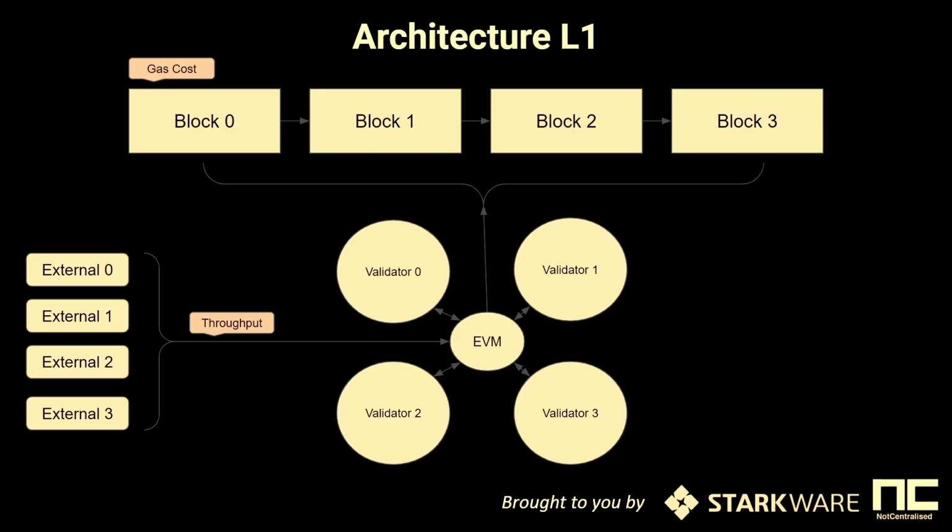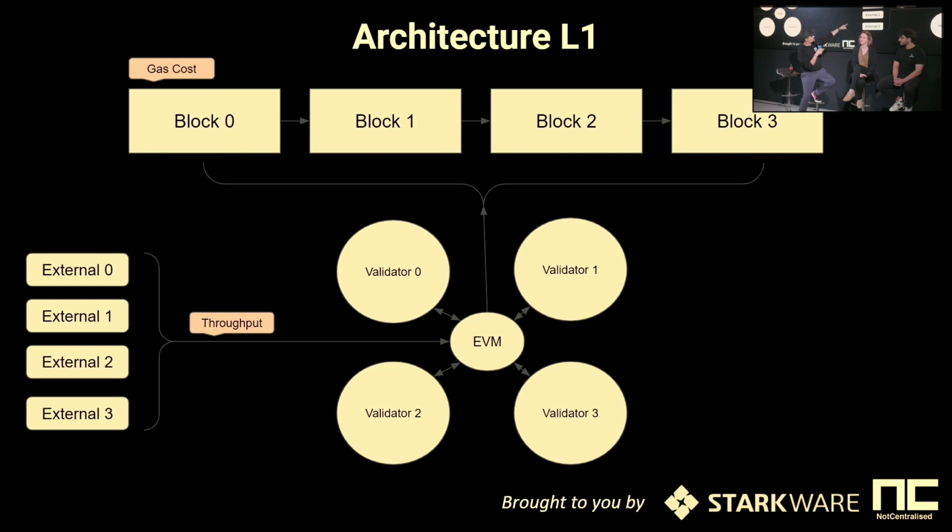So the point that I want to highlight here is we have external accounts. Those external accounts send transactions over to the blockchain, which is made up of a set of validators, and I'm talking about ETH 2.0 here, by the way, whereas in ETH 1 the validators are not validators, they're actually miners.